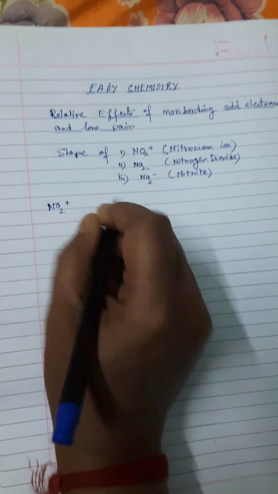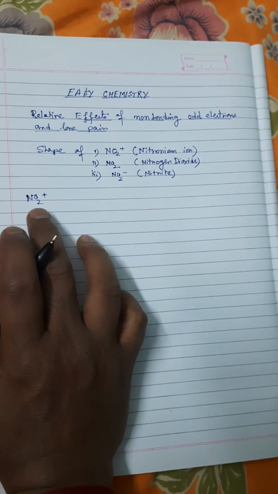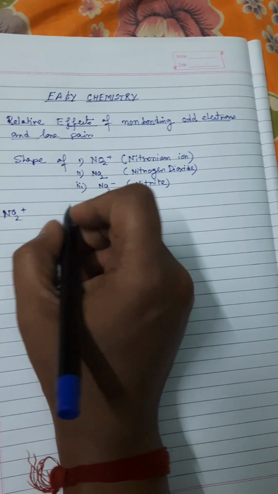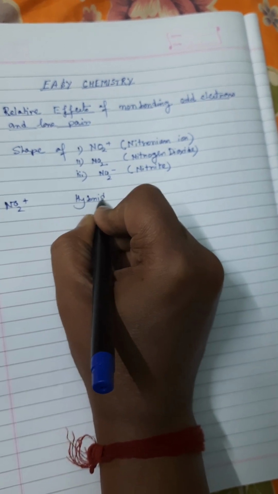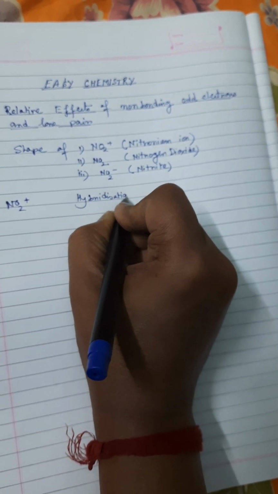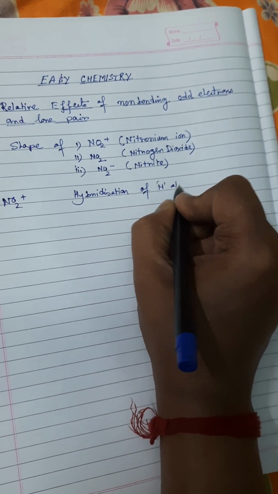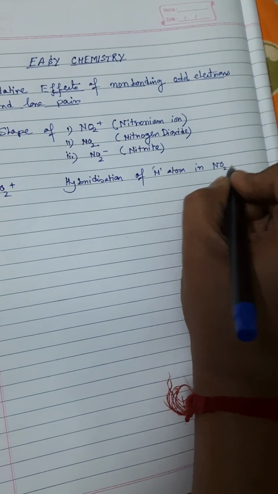Before starting the shape of NO2 plus, we are to derive the hybridization state of nitrogen. Hybridization of the nitrogen atom in NO2 plus.